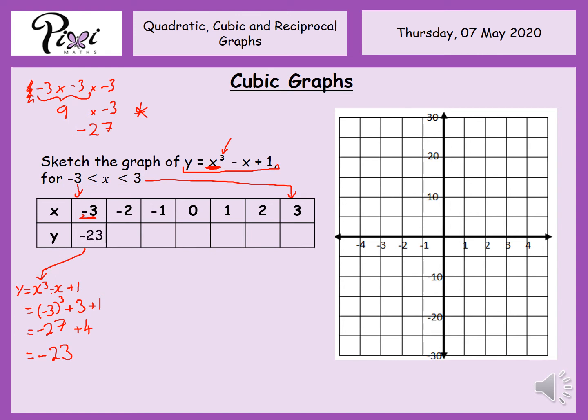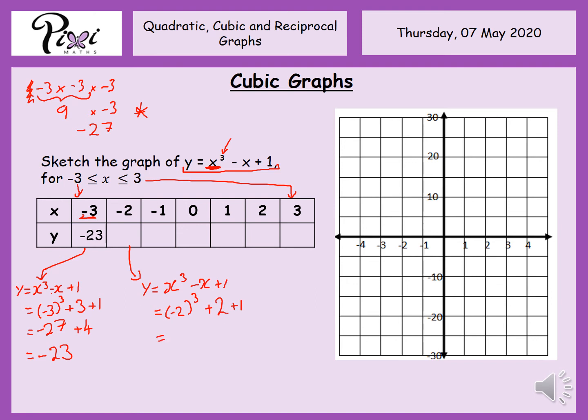Okay, so I'm going to go through the next one as well. If you're feeling happy you can do this, feel free to go and do it on your calculator. So minus 2, so we've got y equals x cubed minus x plus 1. Let's use our shortcut now for minus 2 cubed. We've got minus 2 cubed, we've got minus 2, so that's plus 2 and plus 1.